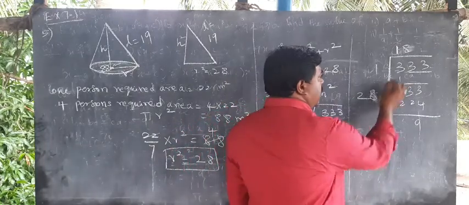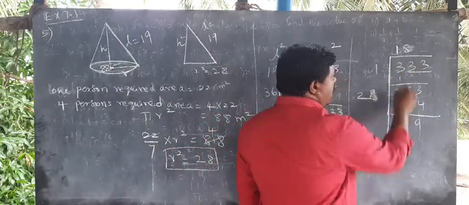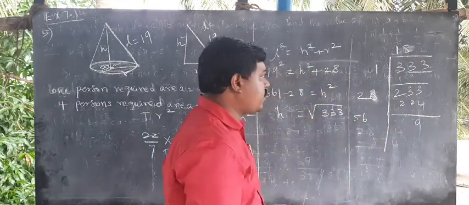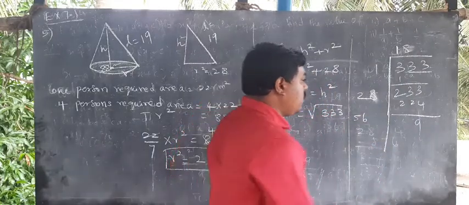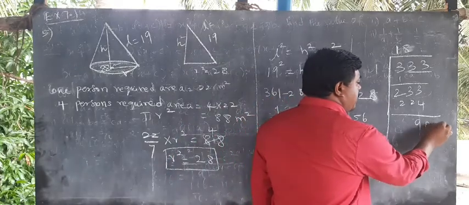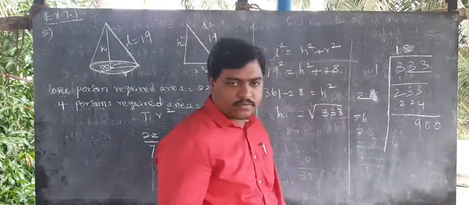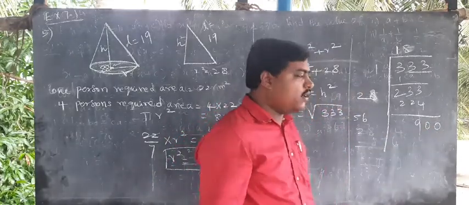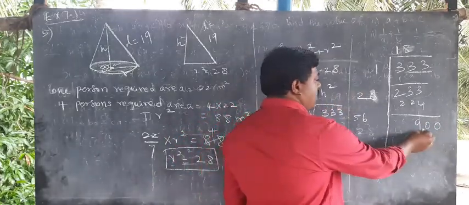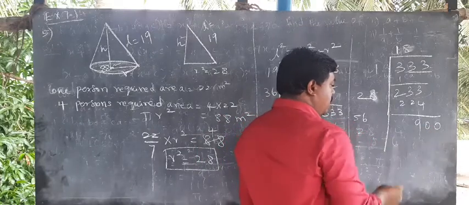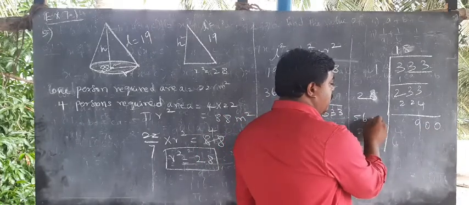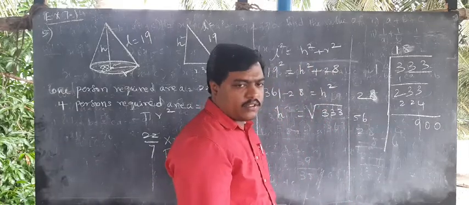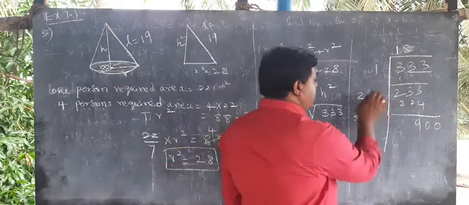So here 18 means here we need to put 36. Right? So here 9 means we need to put 0. So 2 digits we need to add, so 0. So 0 means 361 into how many times? Here 18, 18 means here 36.